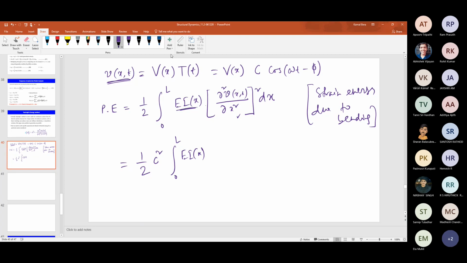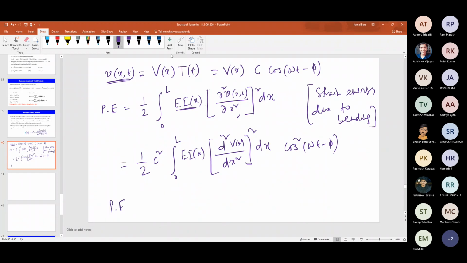Then we have the whole second derivative of v(x) with respect to x, squared, into dx, and the time dependency is cosine squared of omega t minus p. Is there anything wrong? Just check it. C squared comes out, then v(x), and then cosine squared, correct.